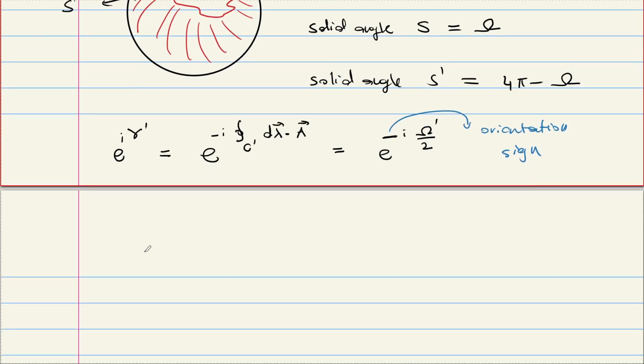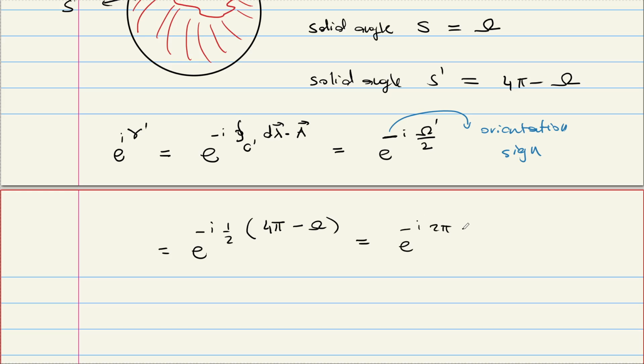Now let's plug in. So this is equal to e to the minus I 1/2. We found the solid angle for this omega prime is 4 pi minus omega, and this is equal to e to the I, minus I times 4 pi divided by 2, which is 2 pi, and minus times minus is plus, so this is plus 1/2 omega.